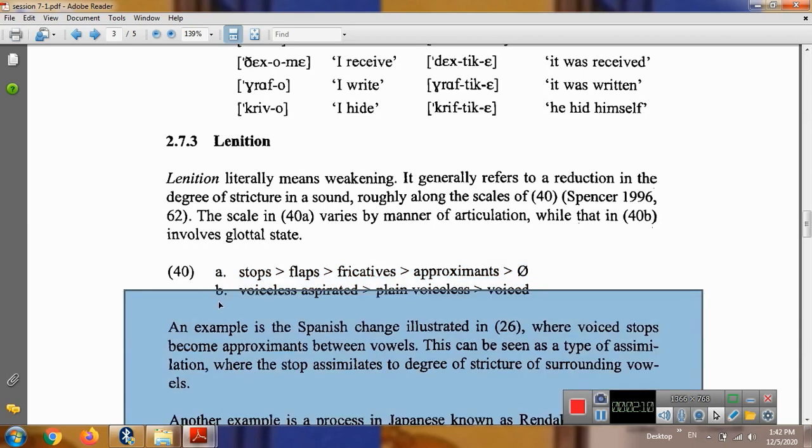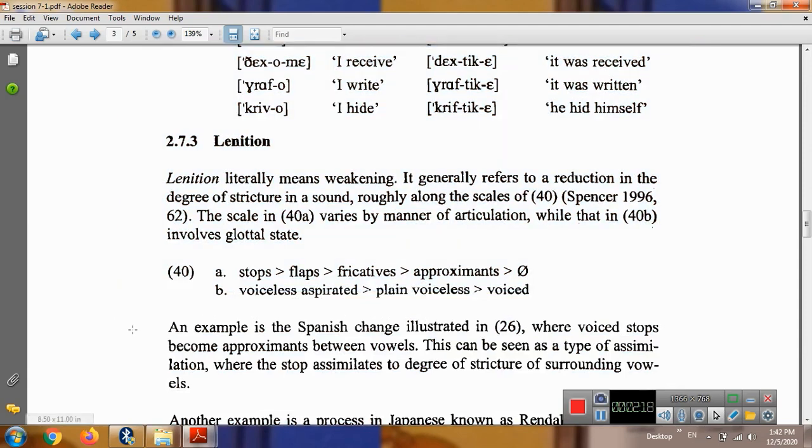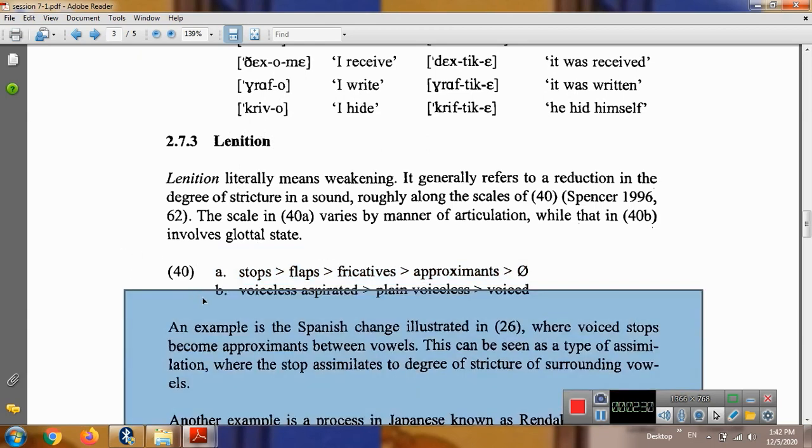And here we have another type of lenition, which is according to voice and voicelessness. Before, we defined lenition based on the manner of articulation, but here we define lenition based on voiced or voiceless sounds.